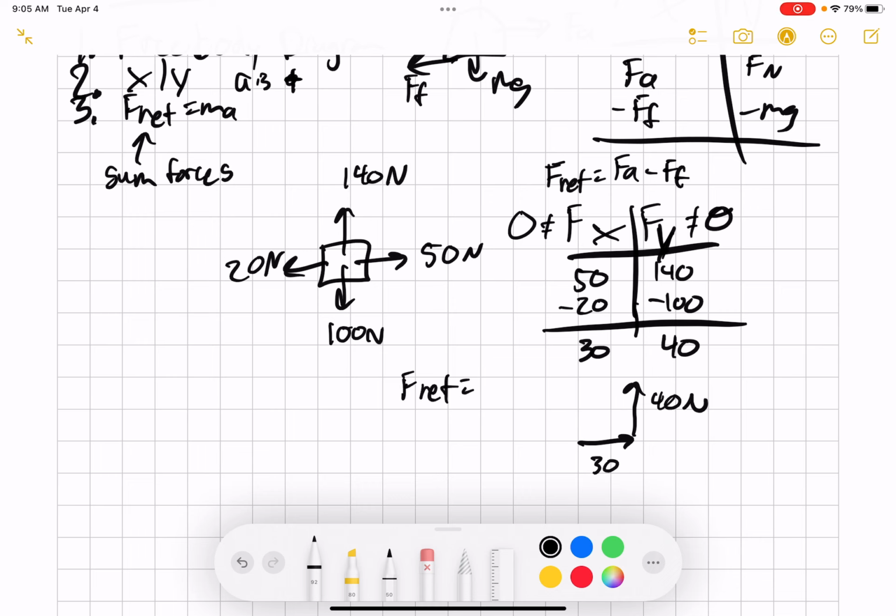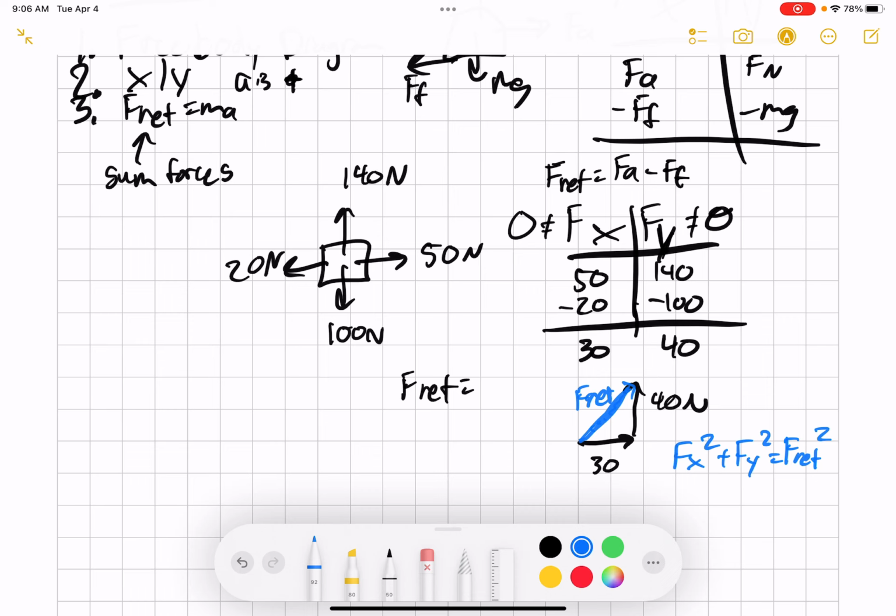And so in this example, I just need to use Pythagorean theorem and find this part right here. So this will be Fnet, okay? Fx squared plus Fy squared equals Fnet squared. So if I don't have a 0 in a particular direction, I need to use Pythagorean theorem, or you can think of it as the distance formula to find that sum of the Fnet.